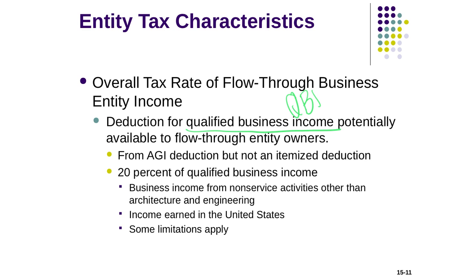And that business income comes from non-service activities other than architecture and engineering. It must be income earned in the United States, and there are extra limitations that apply to this QBI deduction.